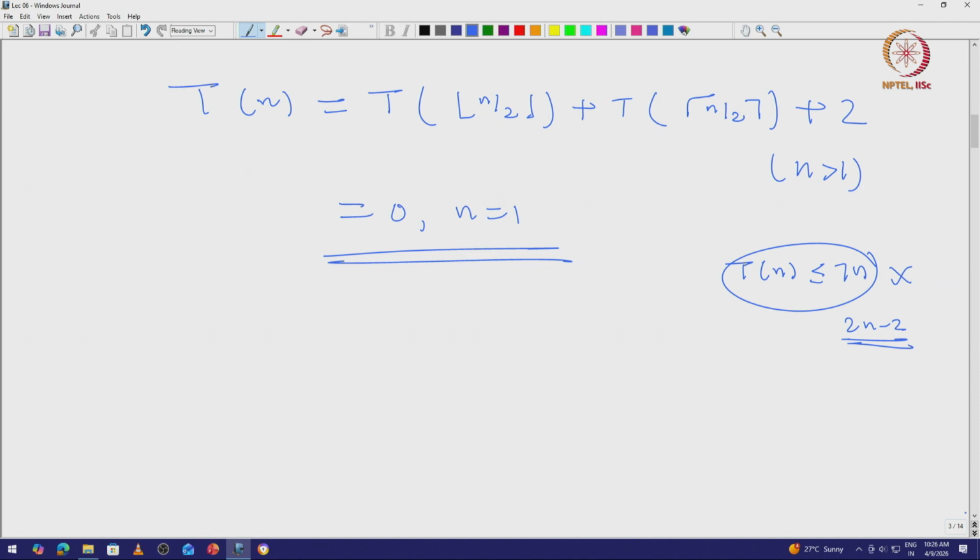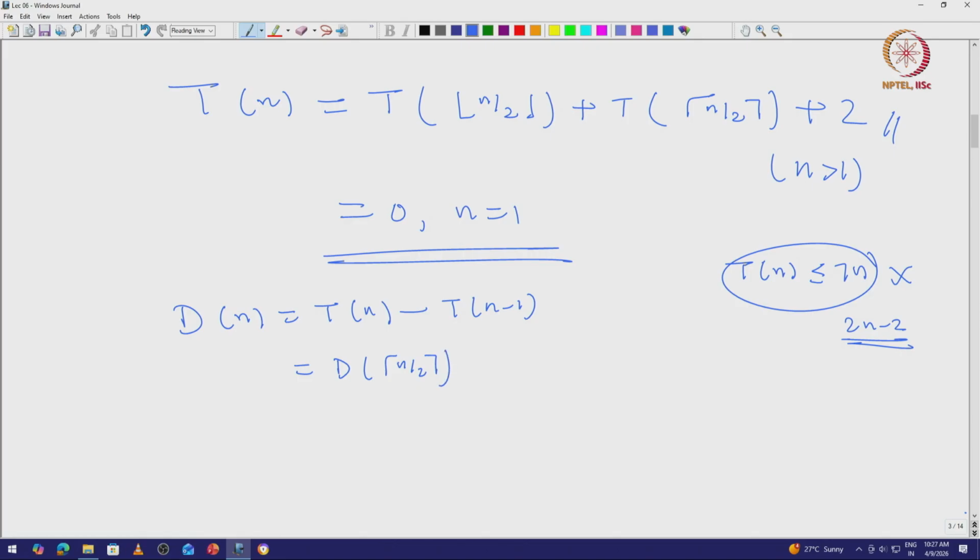So, based on our experience, we define d of n equals T of n minus T of n minus 1, but here you have a constant. The n minus 1 term also will have 2, n also will have 2. Therefore, that constant will cancel, and this will be equal to d of ceil n by 2.